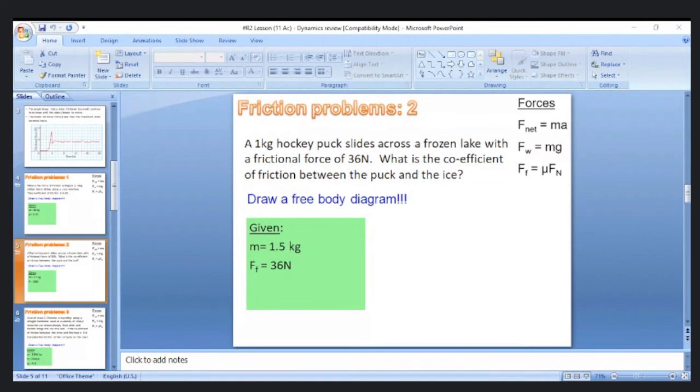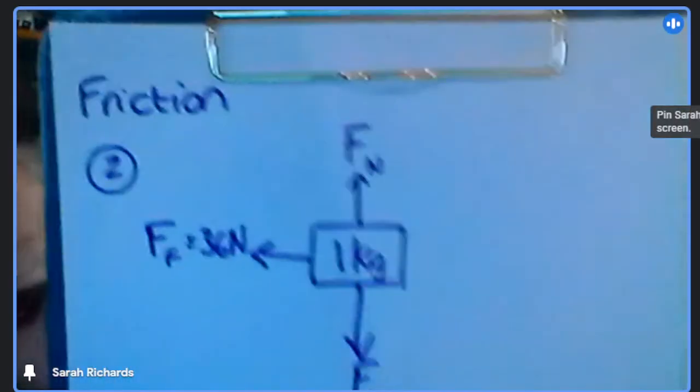So I was just beginning to draw my free body diagram to help me with this question. Okay, so there's my free body diagram.